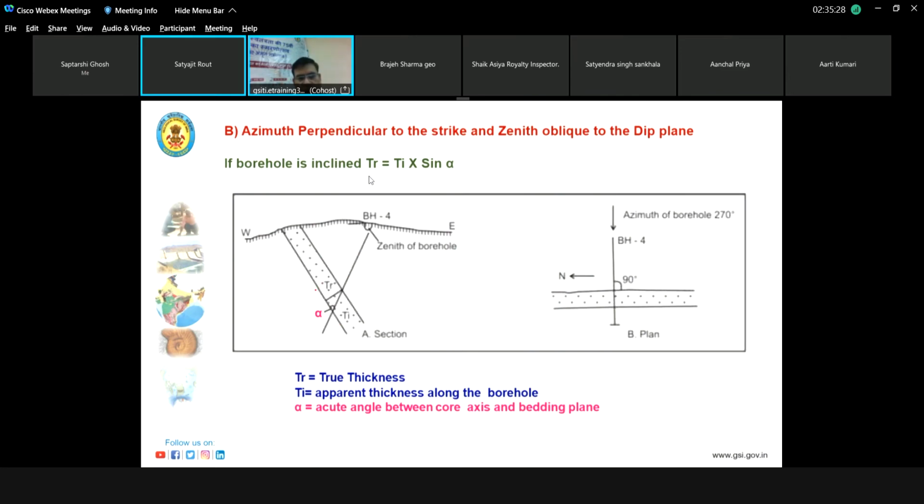If you see the different bedding planes, and if you have already seen a core, on that bedding plane you just put a line here, and you measure the acute angle of that borehole on that core surface. Then you will find this alpha. This is the core axis. This is the angle at which your borehole is cutting the mineralized zone.